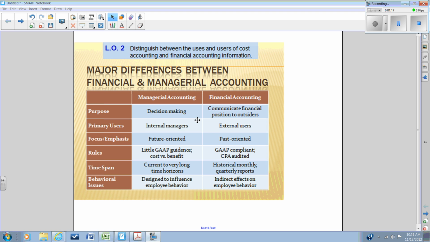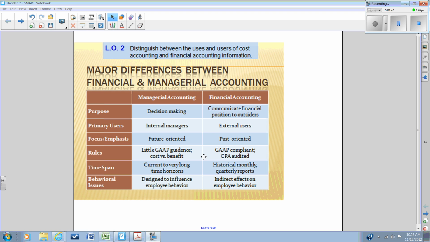In cost accounting and managerial accounting, we help management by analyzing the data and making future-oriented projections on data. And the purpose of this is to control the results of the operation of the entity.